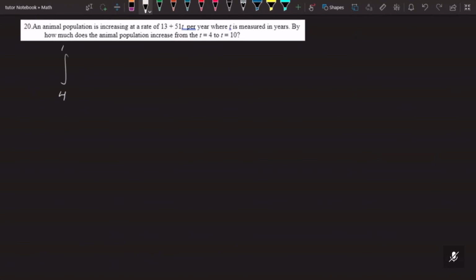The next question is about a population increasing. And so the population is growing at a rate of 13 plus 51t. So that is going to be p prime. And so if we want to find p, we can evaluate that integral from 4 to 10.